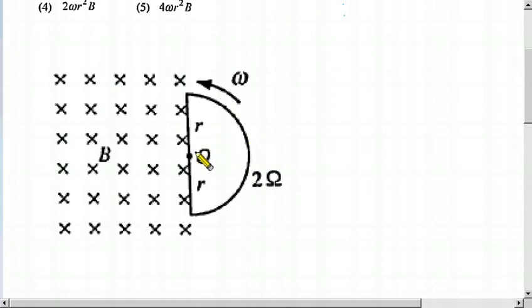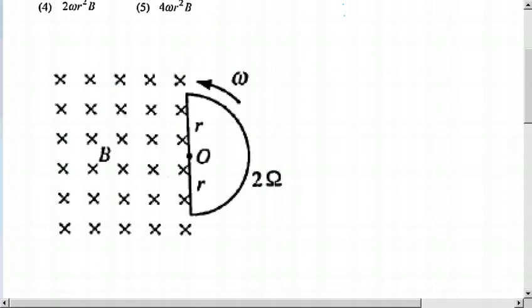So only this conductor is generating current, because this is the conductor that is moving, cutting across the magnetic lines. So it cuts magnetic lines when it moves like this. So therefore it generates current and EMF, electromotive force.